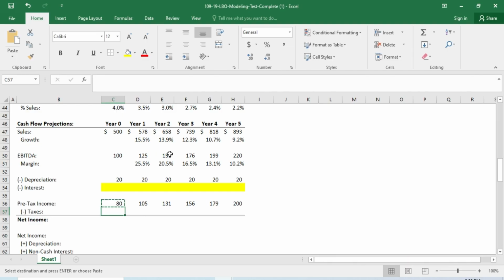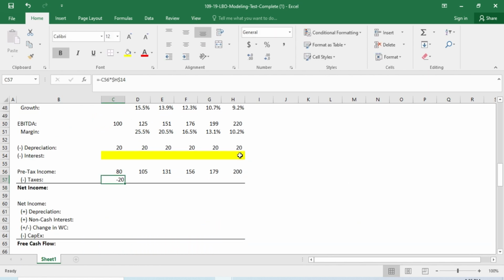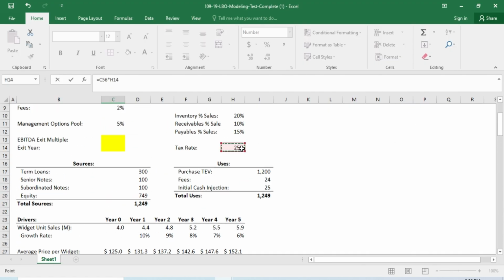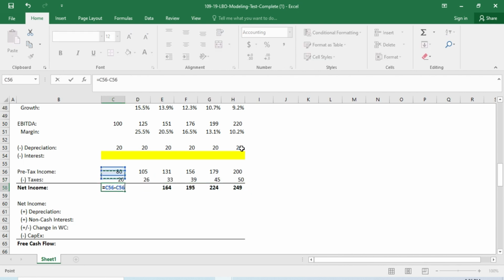Pre-tax income is, okay. Now we have to subtract income tax, so with a negative sign, the tax rate. Either we can write it like this or pre-tax income multiplied by tax rate and just minus this, pre-tax income minus taxes.